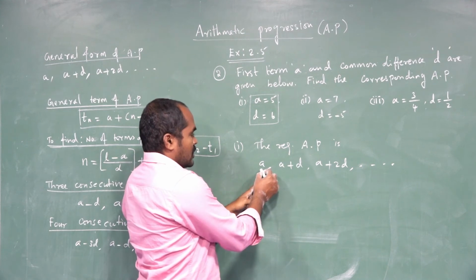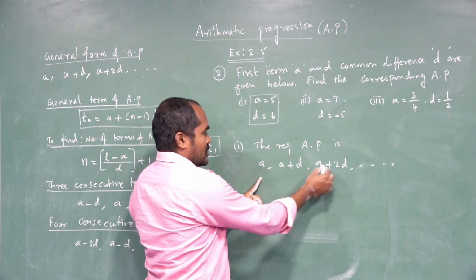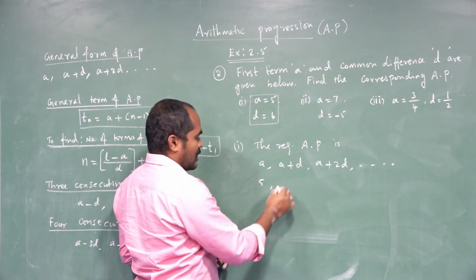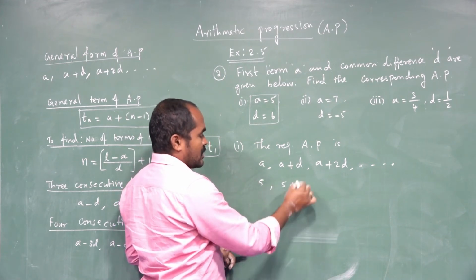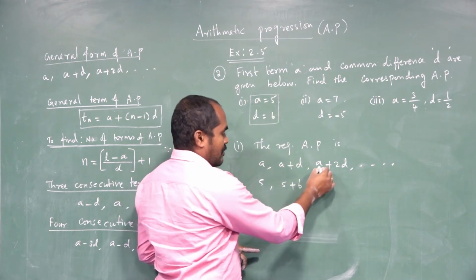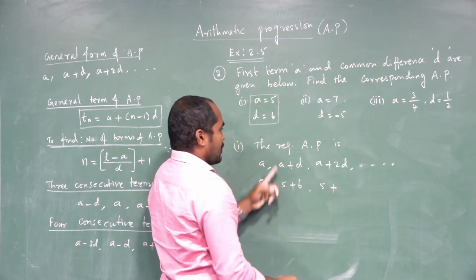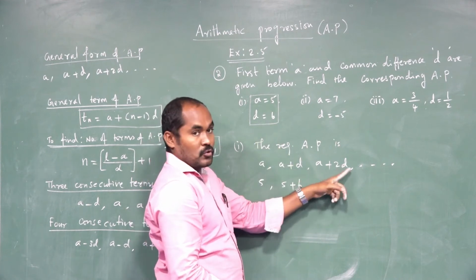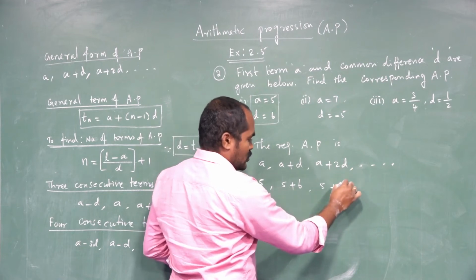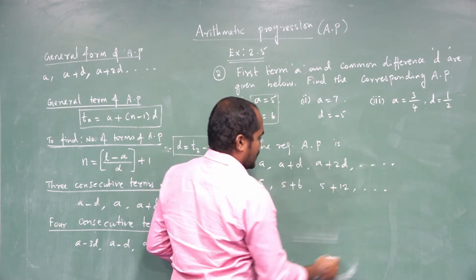So substitute the A value 5 and D value 6 here. So the A value is 5, then 5 plus D value 6, but here 2D means 2 into D. 2 into 6 is 12, etc.